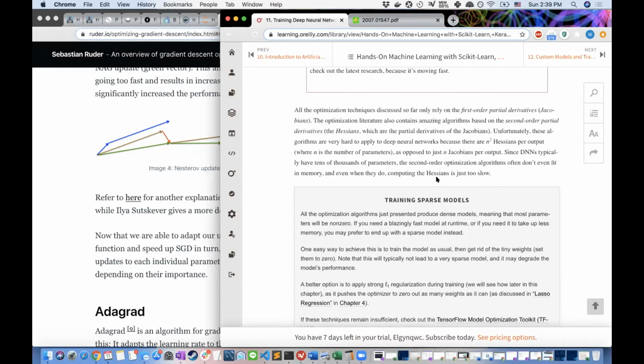If you've taken first year calculus, they may have introduced the Taylor expansion. You may remember that, which is basically an expansion of a function that includes all the higher order derivatives. The more higher order derivatives you keep in the Taylor expansion, the more accurate a function approximation you'll get.